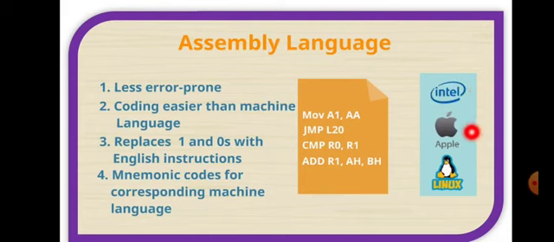Based on Apple, an assembly language can be written. Based on Linux, an assembly language can be written. So it is specific to a particular computer architecture, and sometimes this assembly language is specific to a particular operating system. Number 1 is Intel, number 2 is Apple operating system, number 3 is Linux operating system.